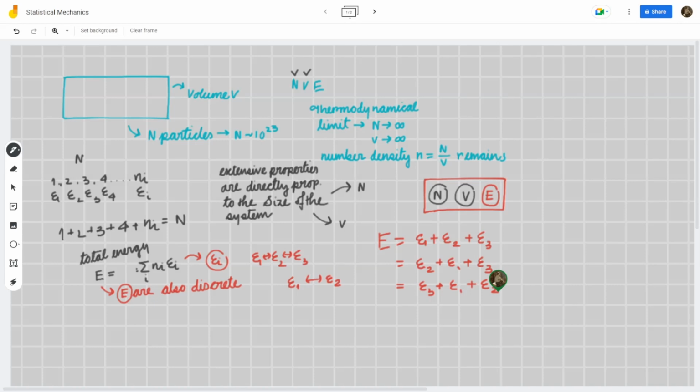There are so many combinations that can be written for a system with a large number of particles, and these combinations are microstates, the possible states of a system, that construct the macrostate.